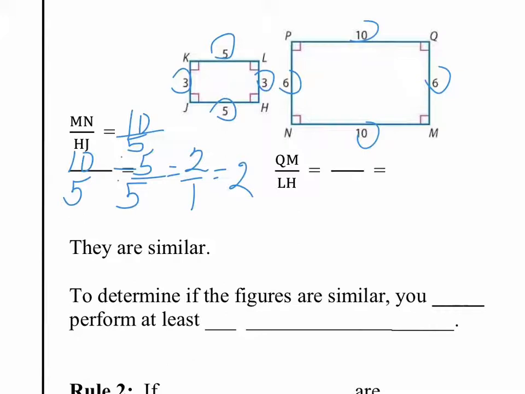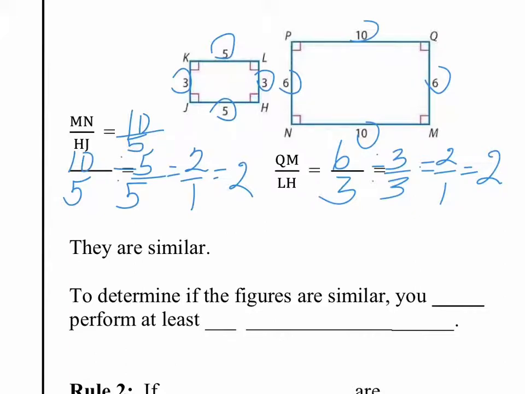The second comparison between QM you can see is 6, and LH, which is the same side but on the smaller rectangle, is 3. That divides evenly by 3, top and bottom, which gives you 2 over 1, which is equal to 2. Those two rectangles are what we call similar. Two figures, they have congruent corresponding angles, and the ratios of their corresponding sides are equivalent.